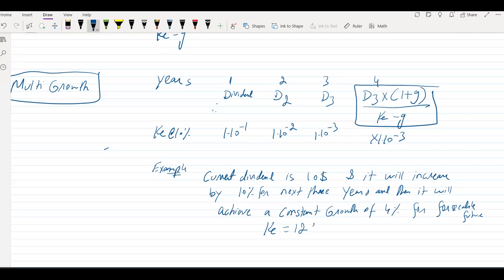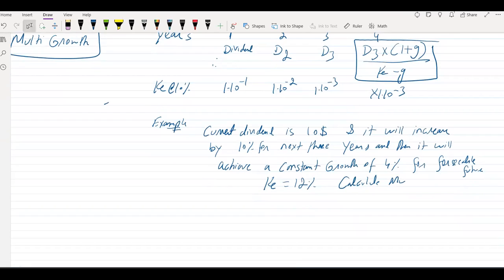Cost of equity is 12%. Calculate market value.